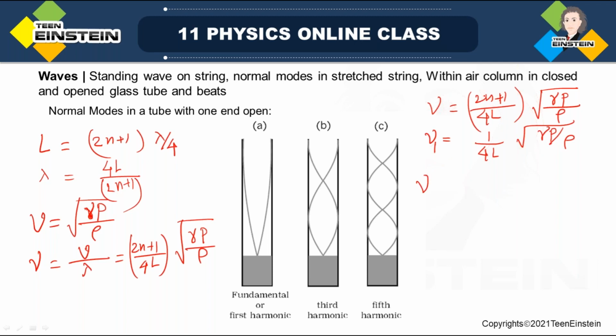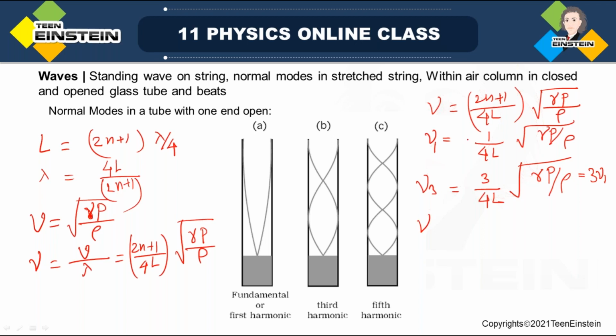If we put n is equal to 1, then we get new 3, which is 3 by 4L root over gamma P by rho. This is actually 3 into new 1.